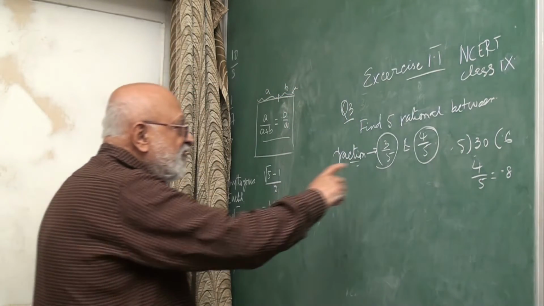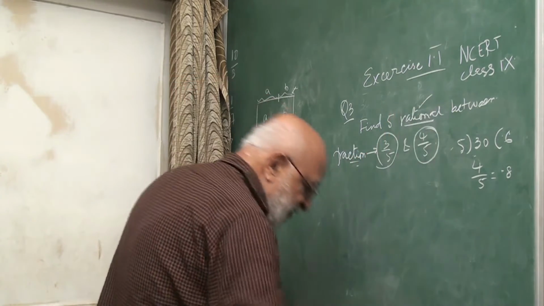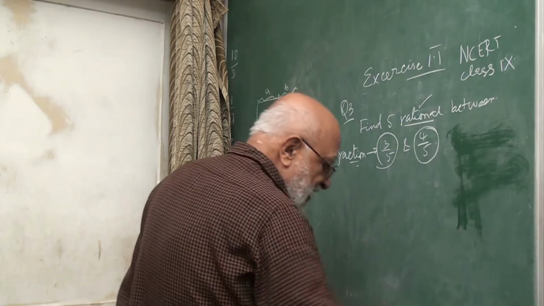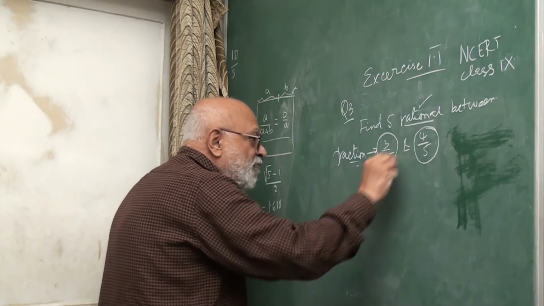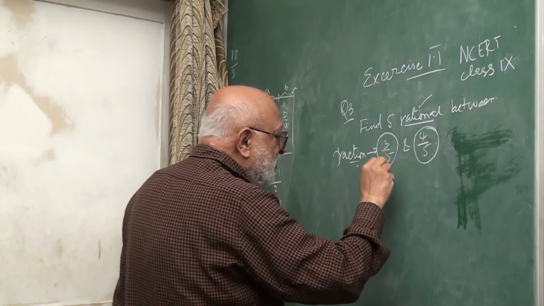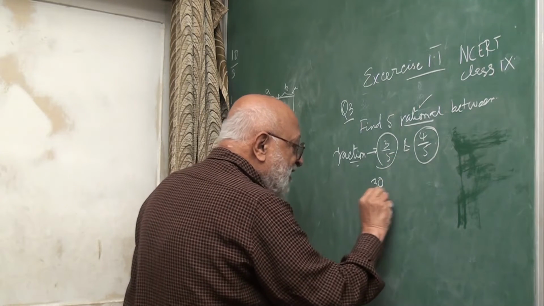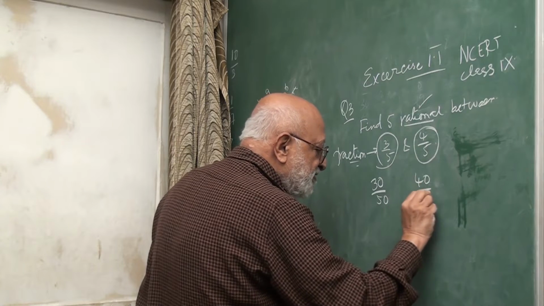These are definitive, so these are rational numbers. We have checked it. So when you have got a fraction, multiply both the denominator and the numerator by 10. So this is 30 by 50 and this one will be 40 by 50.